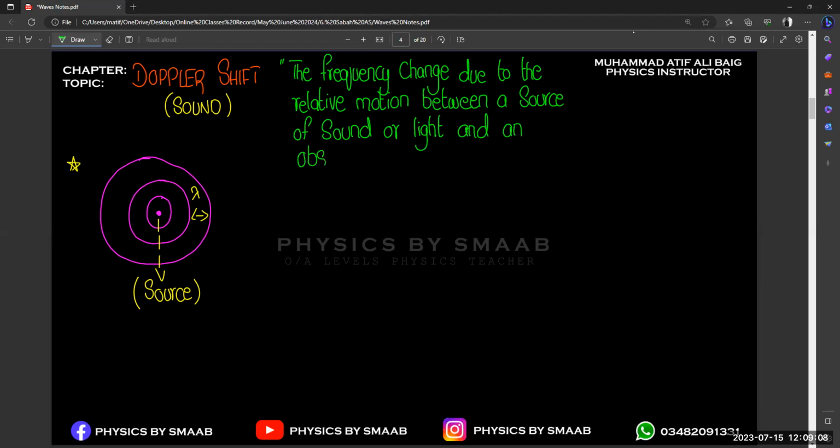So this is the conceptual statement for this effect, right? If they ask to define Doppler shift, what is Doppler shift or what is Doppler effect, you need to write this.